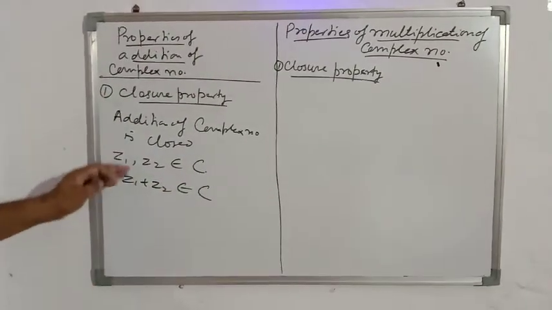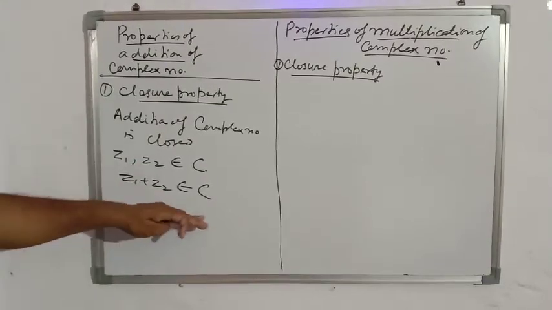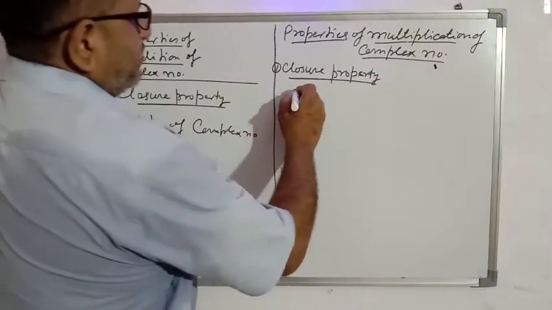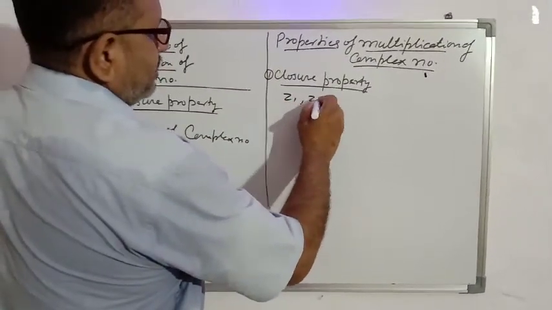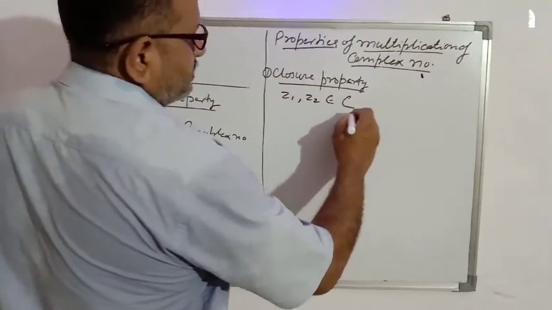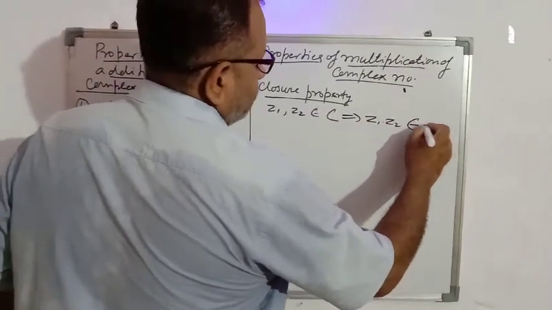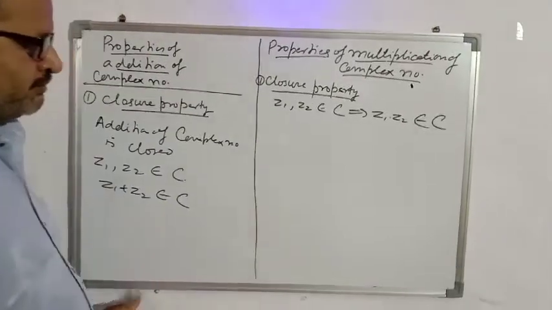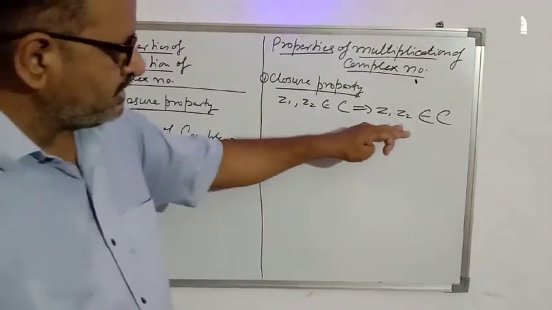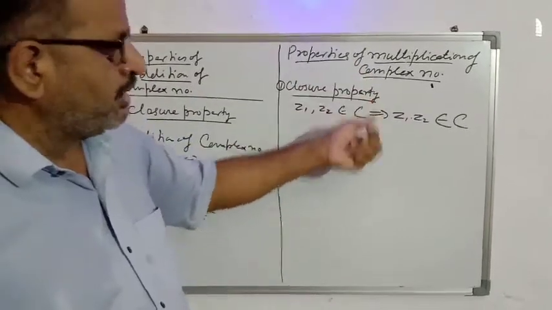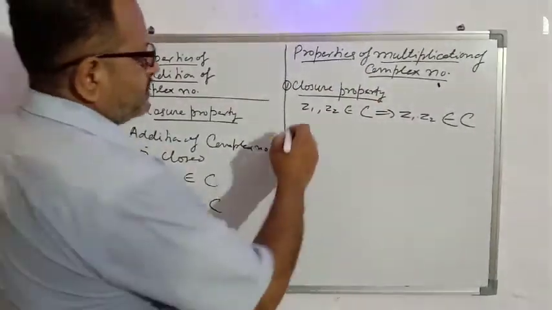So we can say that closure property is satisfied in the set of complex numbers under addition. Similarly, if Z1, Z2 belong to complex numbers, this implies Z1 into Z2 also belongs to the set of complex numbers. So product of two complex numbers is always a complex number. So multiplication of complex numbers is closed.